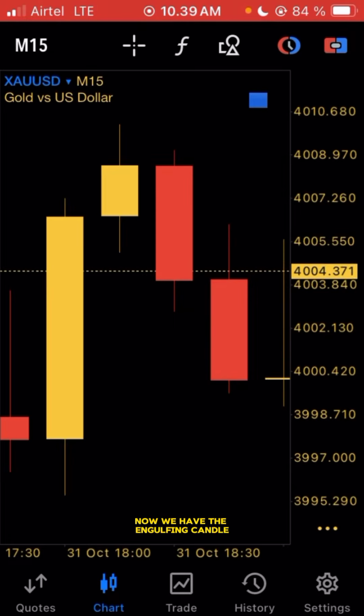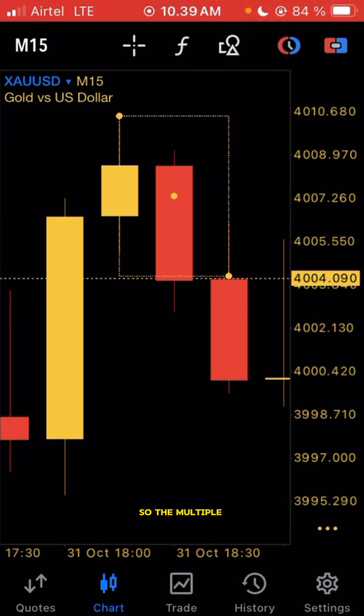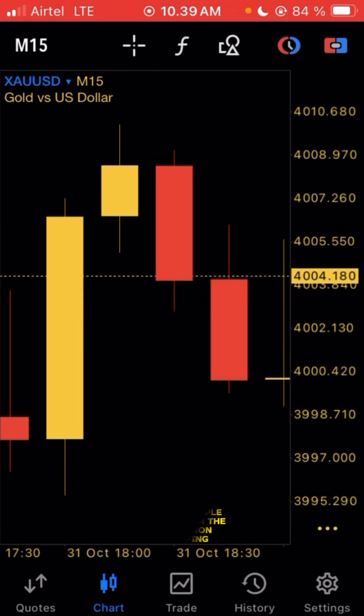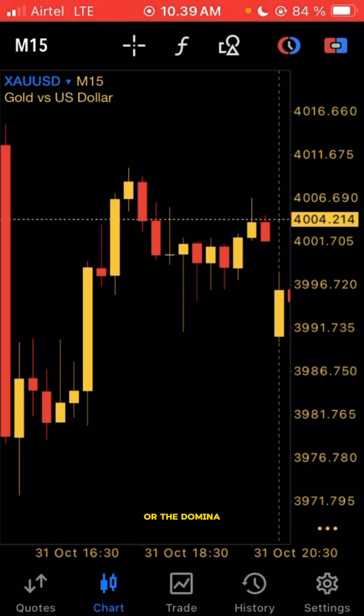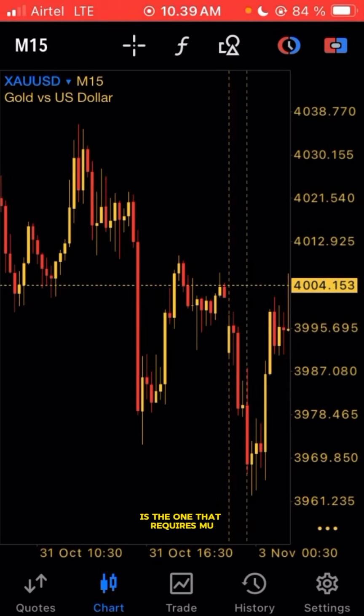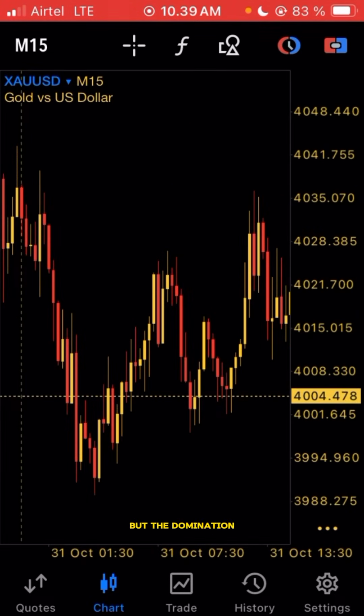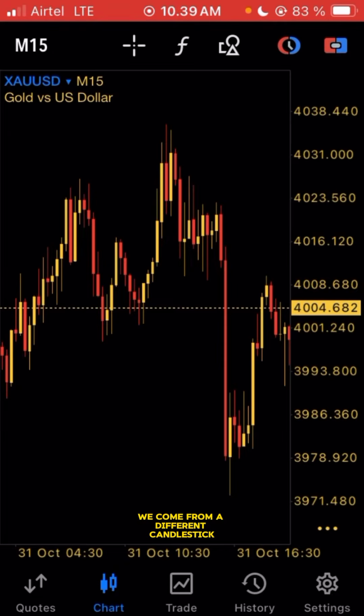Now we have the engulfing candle, which is this right here. So the multiple engulfing, or the dominant break, is the one that requires multiple candlesticks to break a specific candle. It's either bullish or bearish candlesticks, but the domination will come from a different candlestick.